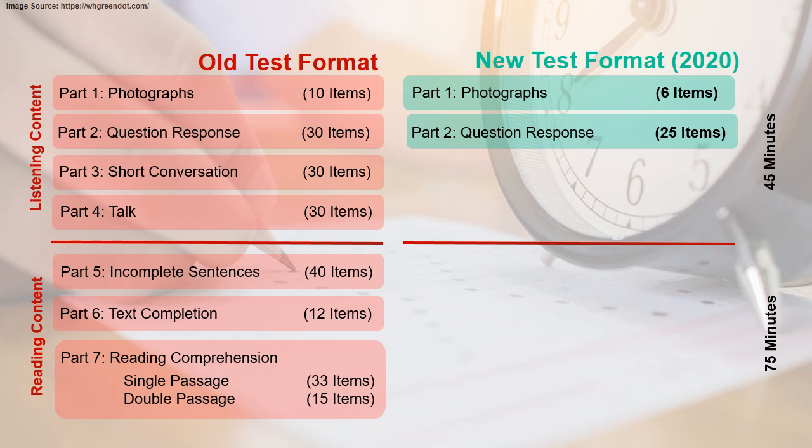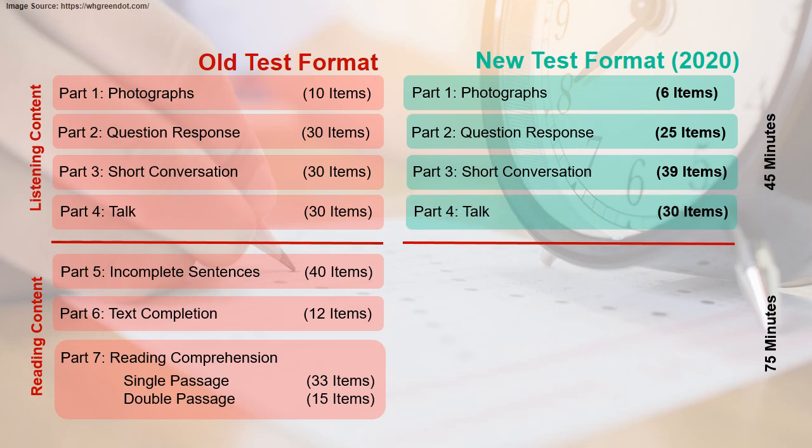Short conversations they have increased, and there is one little change here: you will hear 3 or more people talking in a meeting. Normally in the short conversation there are only 2 people speaking, but now you might hear 3 people talking. In part 4, there are 30 items, which remains unchanged.